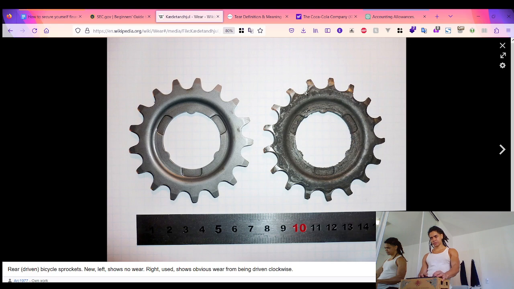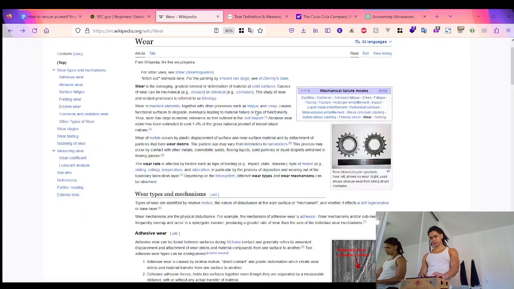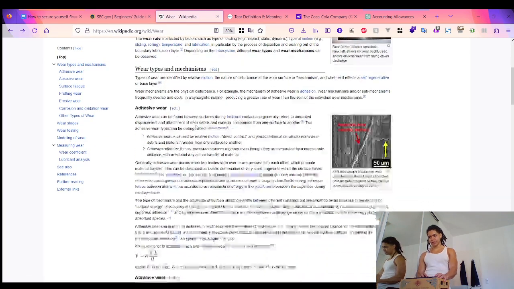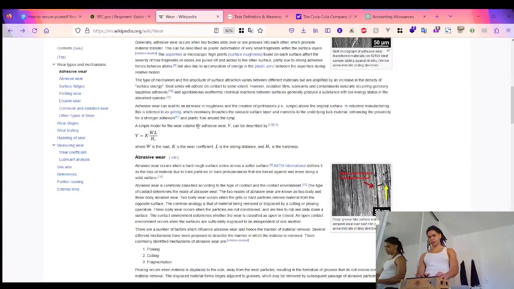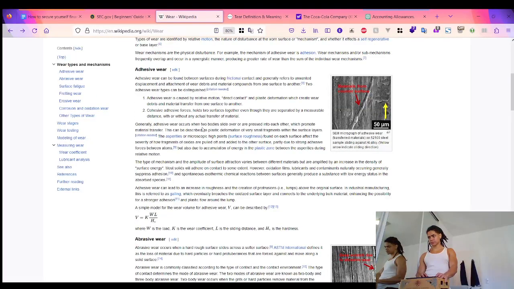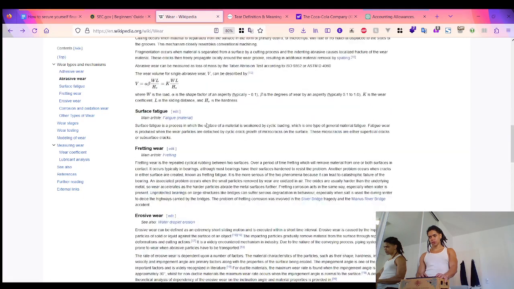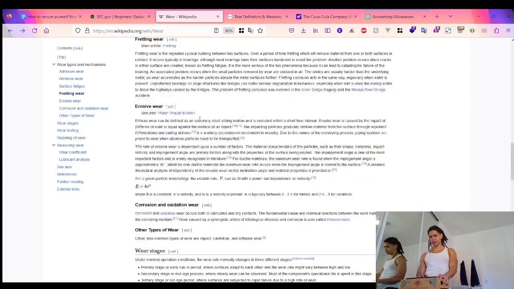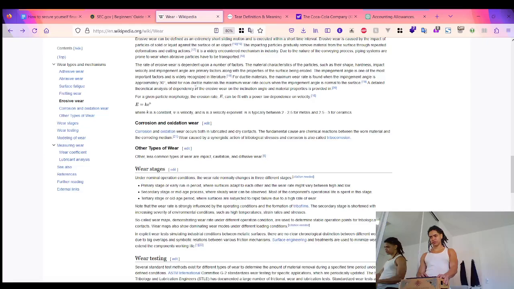Wear types and mechanisms: adhesive wear, abrasive wear, surface fatigue, and then threading wear, erosive wear, corrosion and oxidation wear.